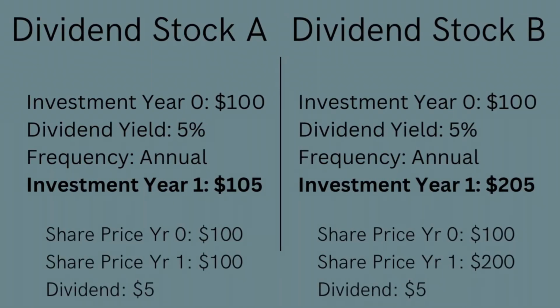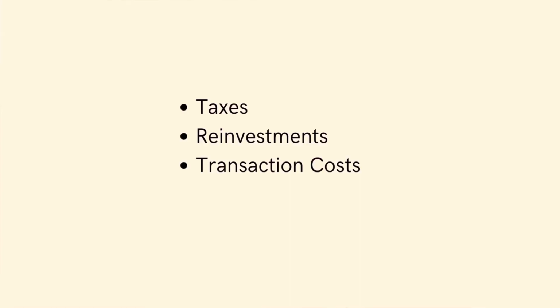Now you've got the $5 dividend and an additional 100 from the price appreciation. These are very simplistic examples, barring taxes, reinvestments, transaction costs, all of that stuff. Just a rough example so you can get the lay of the land.